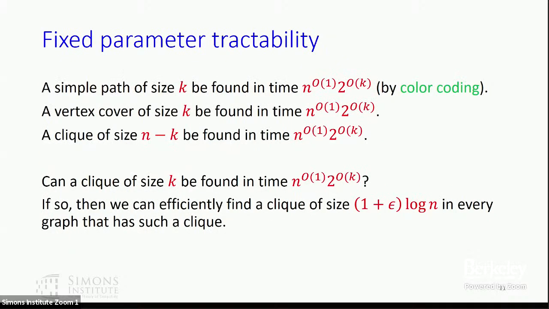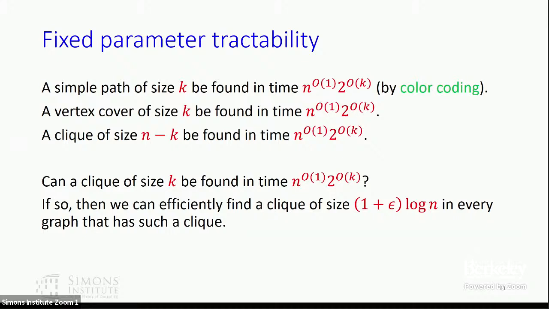Here are some examples of related problems, and this relates to the area of fixed parameter tractability. Here are other objects that you can find in a graph more efficiently. If you are looking for a simple path, k vertices that form a path and do not repeat themselves, then this can be found in time polynomial in n times 2 to the order k, something exponential in k, but the k is not in the exponent of the n, it's in the exponent of the 2.